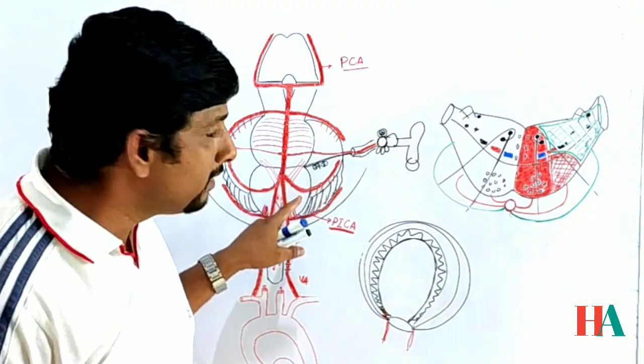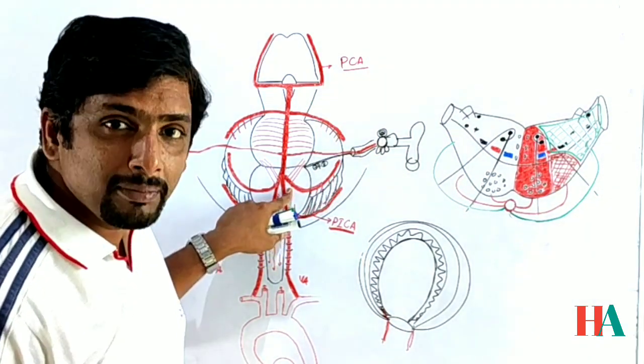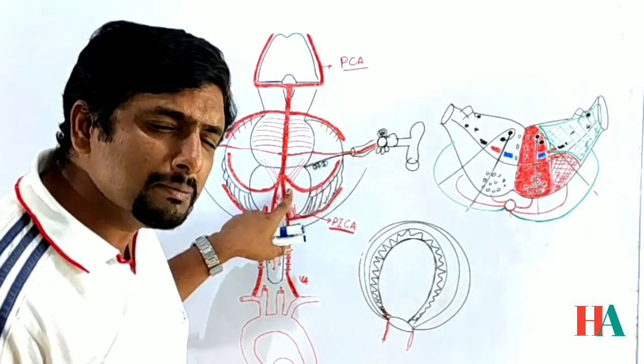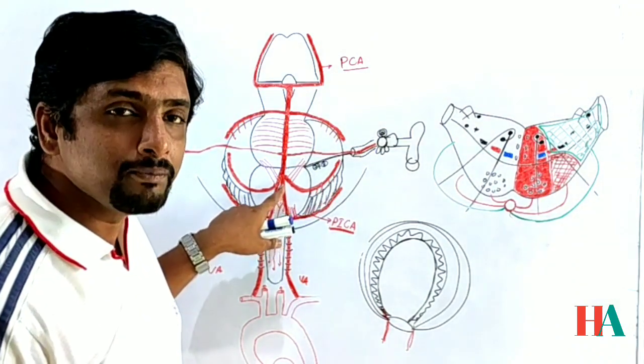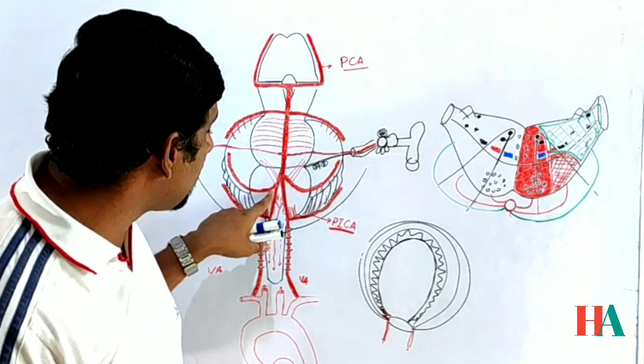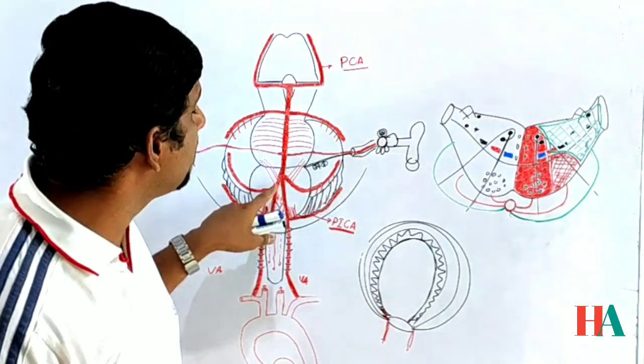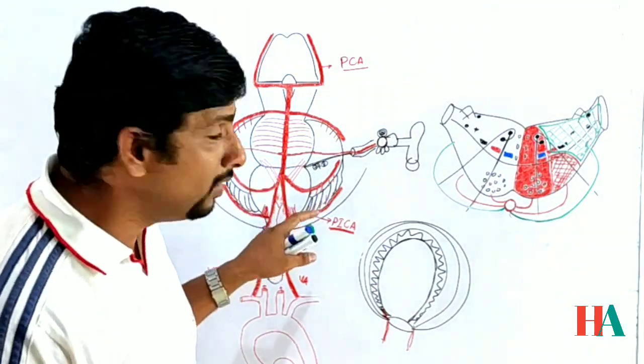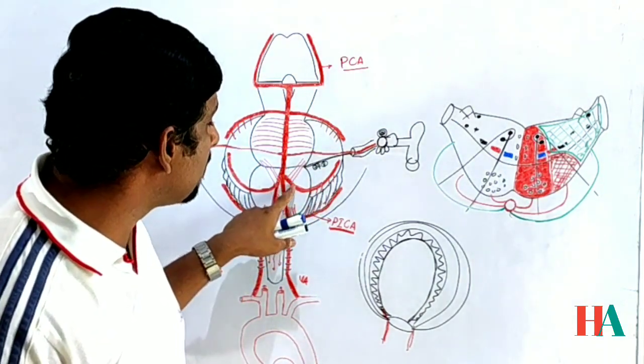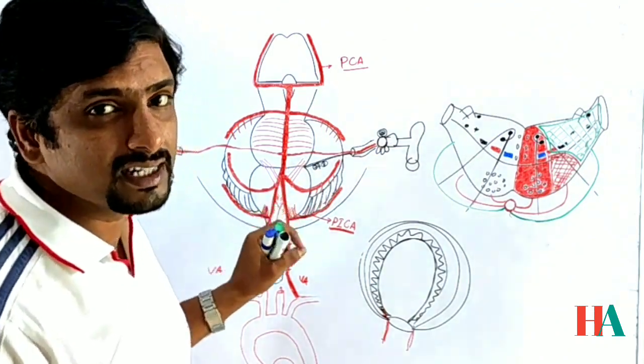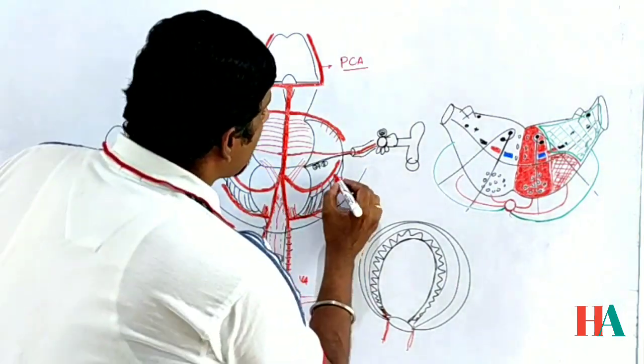The fact is that this cerebellar supplying artery sometimes originates from the basilar artery, and sometimes from the vertebral artery. In this diagram I have shown both: one here from the vertebral artery and one here from the basilar artery. Whatever it is, it depends from person to person.